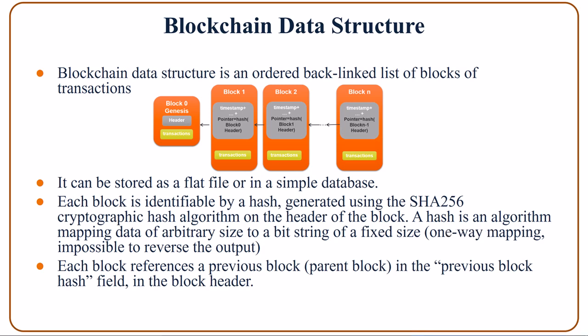The hash is an algorithm, usually SHA-256. Information in a block is hashed and stored in its child in the previous block hash field, and the child block is linked back to the parent block via this field.